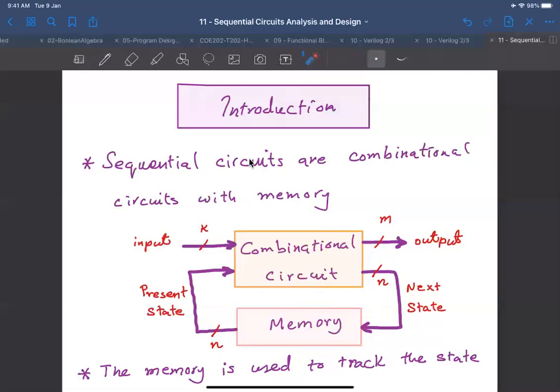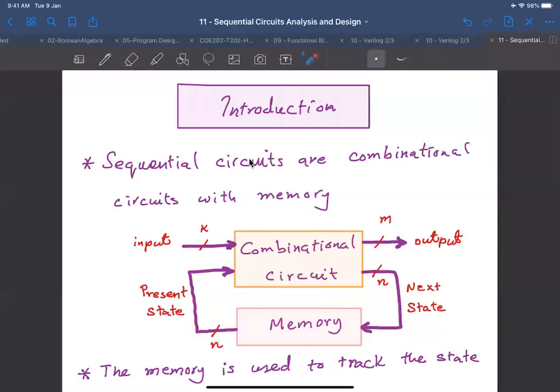So we have a combinational circuit that has k external inputs, and it produces an output. It also produces the next state to the memory, so that this next state will affect the memory element to produce another new present state.